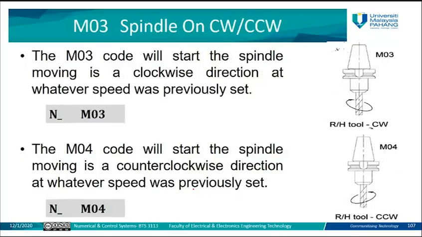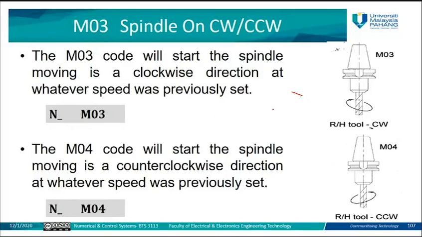Then we have M03. It's for the spindle on, either clockwise or counterclockwise. Don't confuse M03, M04 with G03, G04. G02, G03 are about the movement of the spindle, not the rotation of the spindle. The spindle may rotate and move at the same time.